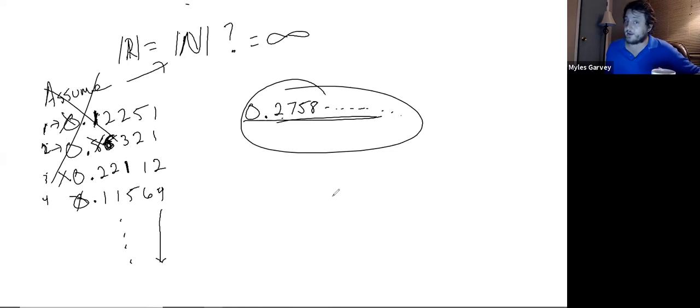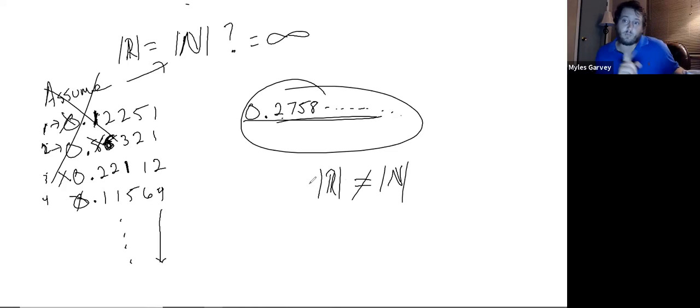What does that tell us? That tells us, therefore, that the size of the real numbers cannot be the same as the size of the natural numbers, since these two cannot be put into a bijection. We just proved this. Because they can't be put into a bijection, it means that one is bigger than the other.